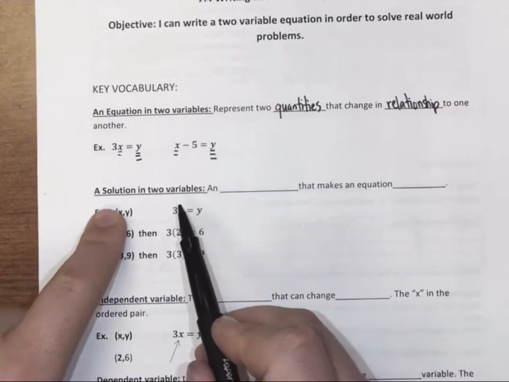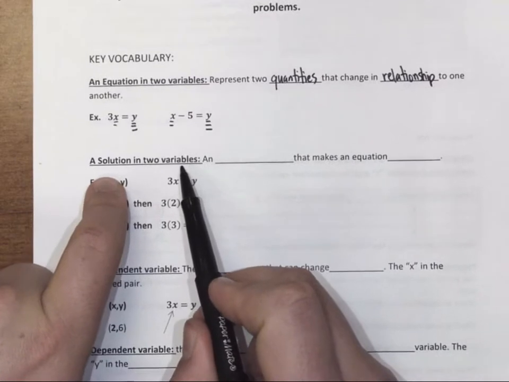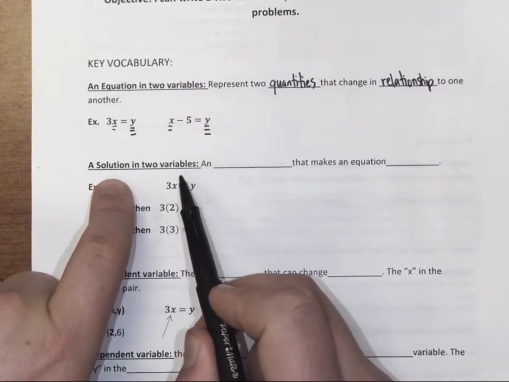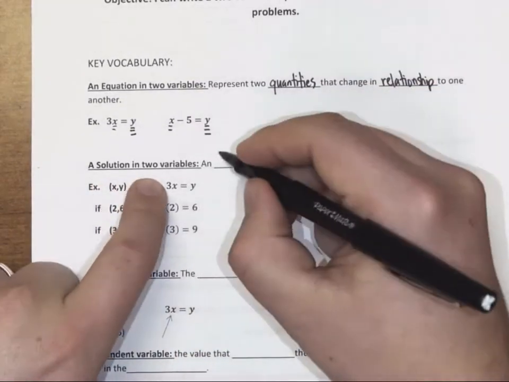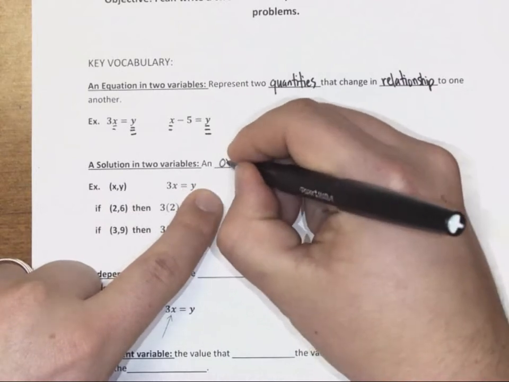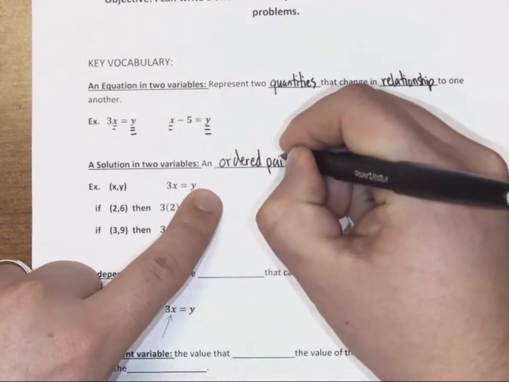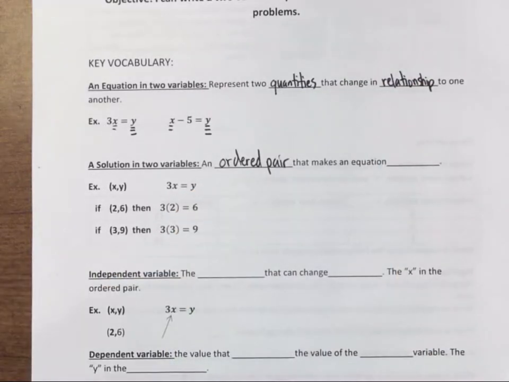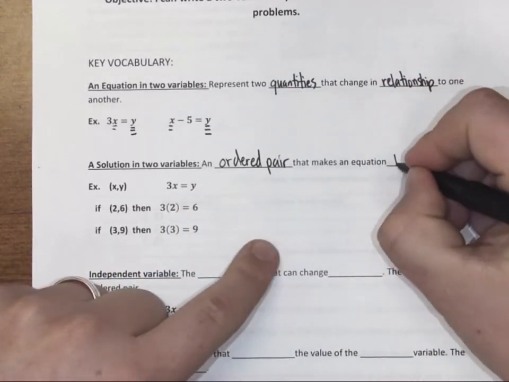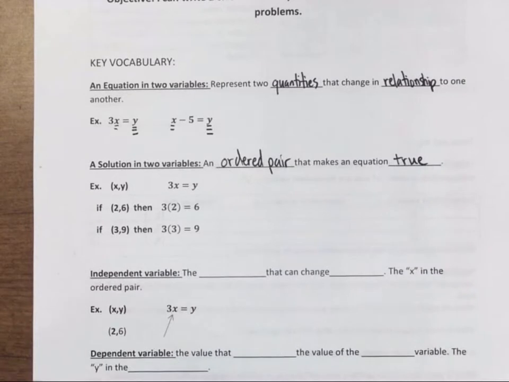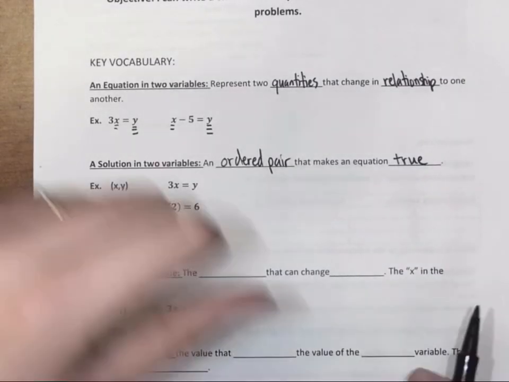Okay, let's talk about a solution in two variables. A solution in two variables is an ordered pair that makes an equation true. Okay, let's review a little bit.